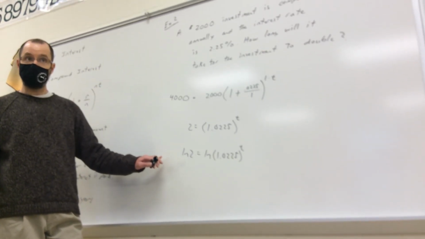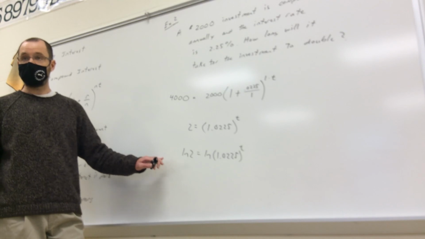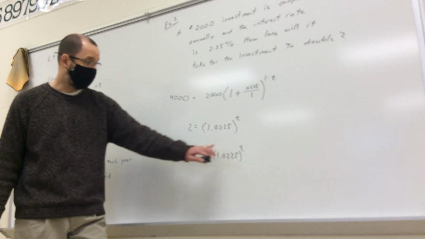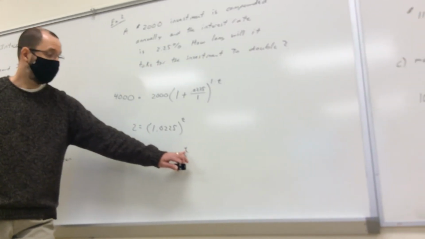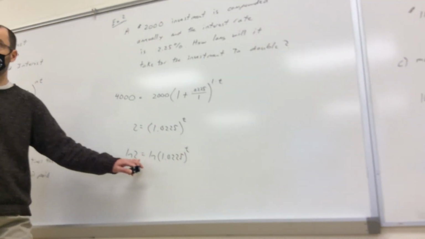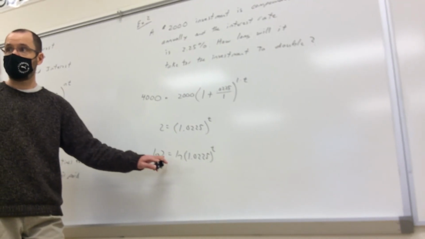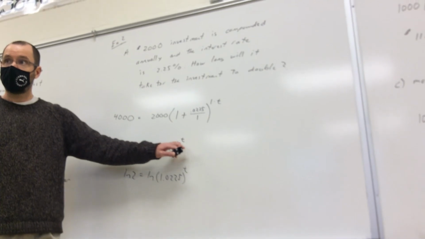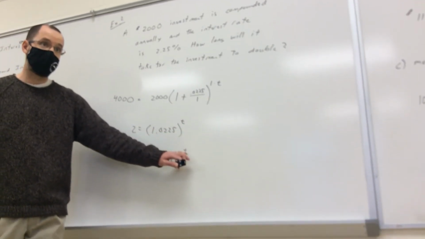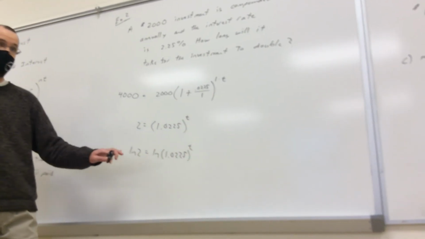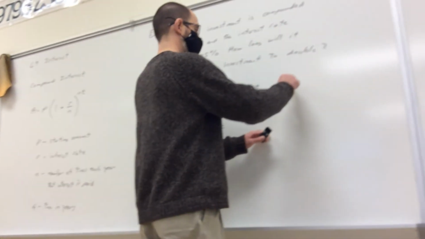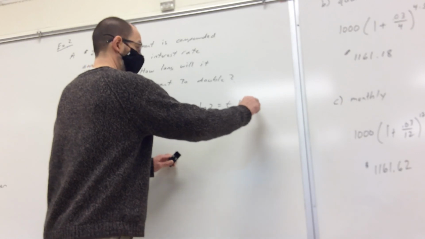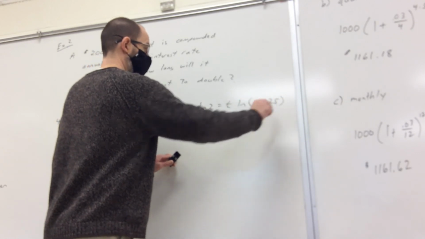And the reason we did the log is because of the rule for logs that says when you have an exponent inside, it can be a multiplier in front. So we didn't really know how to deal with this when it was upstairs. So the log now allows it to bring it downstairs. We've got ln of 2 equals t times ln of 1.0225.